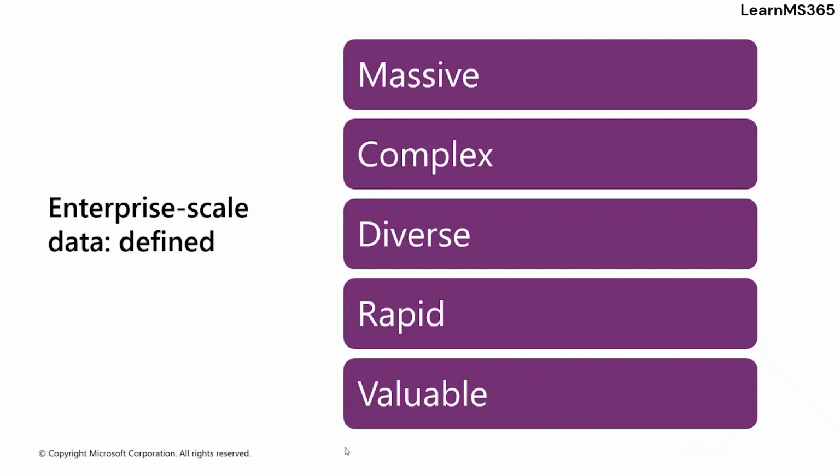So, what is enterprise or large scale data? Before we talk through scalability, let's define what we are talking about: enterprise scale data. It is data that is massive, complex, diverse, rapid, and valuable.